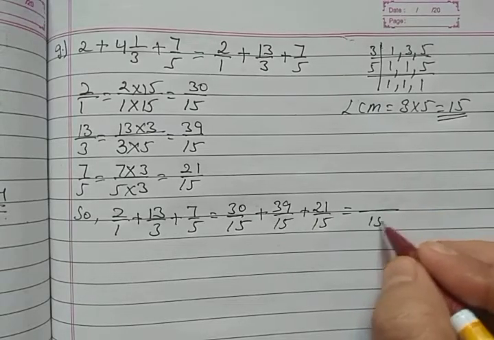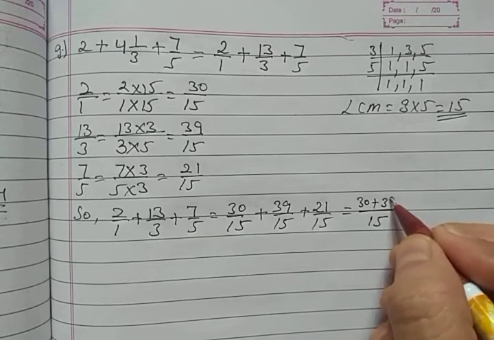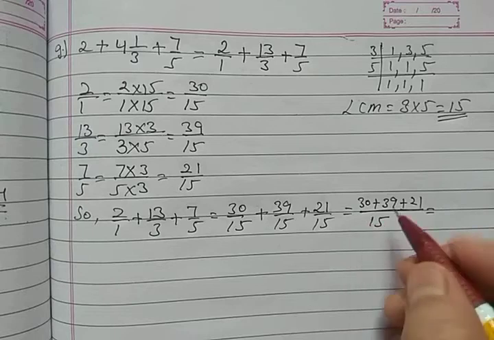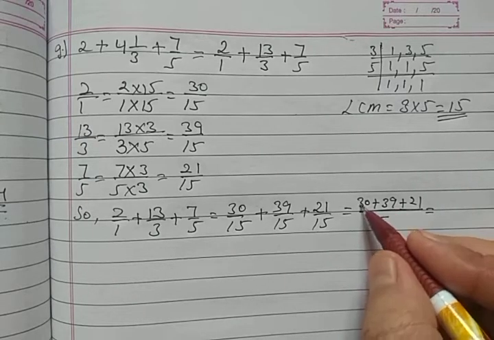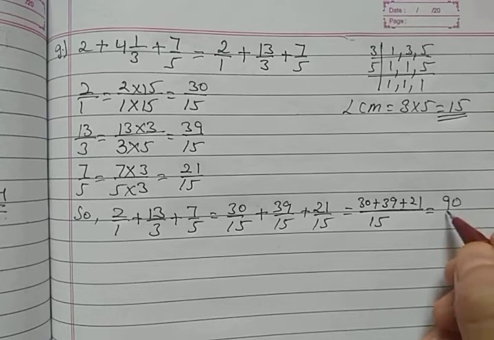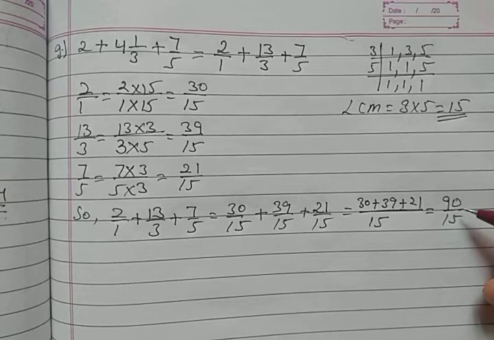So 15, then 30 plus 39 plus 21. So the answer is 30, 60, 80, 90. 90 upon 15.